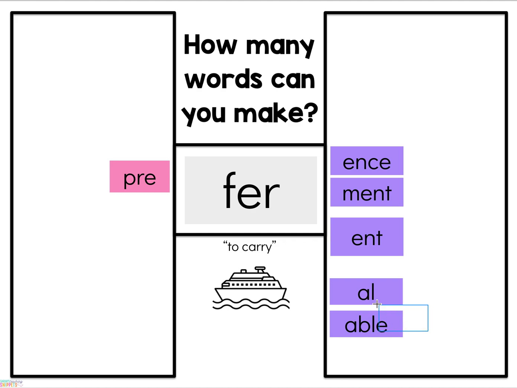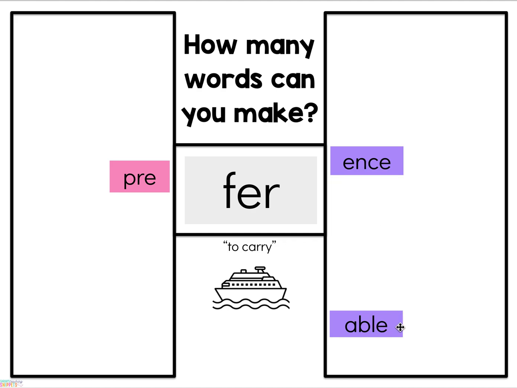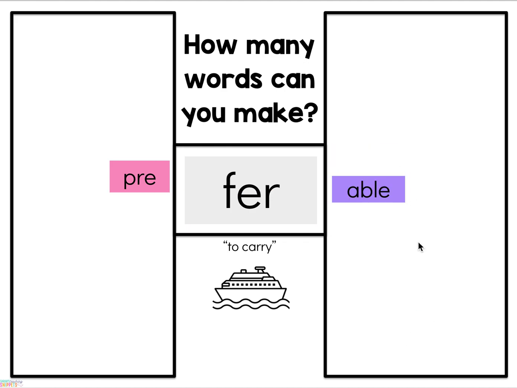If I just want to focus on preference, I could erase this one. If I wanted to focus on preferable, I would just go like this. And look, I still have my other slide, so it doesn't matter. But that's something you can do with these, which I love, is that if your students are having a hard time following, you can just go ahead and delete everything and show how you make the word.